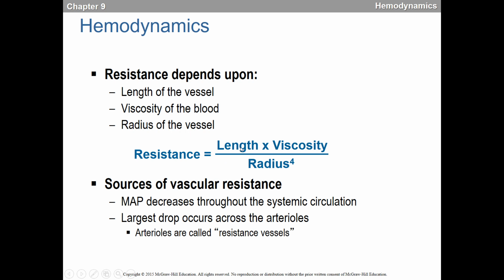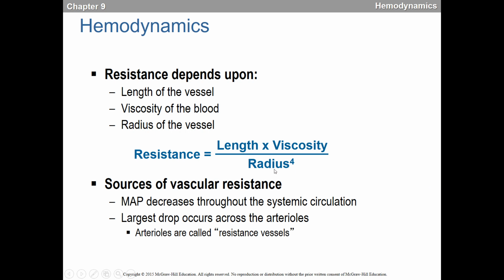Length is how long the piping or tubing is, so to speak, and you can't really do much about that. Viscosity: the more viscous, the greater the pressure. How this relates to exercise is that whenever we sweat, we start losing some plasma volume. So as you exercise for hours on end, your blood will actually get more viscous, so there will be a greater resistance. But this is probably the biggest part: the radius to the fourth power.